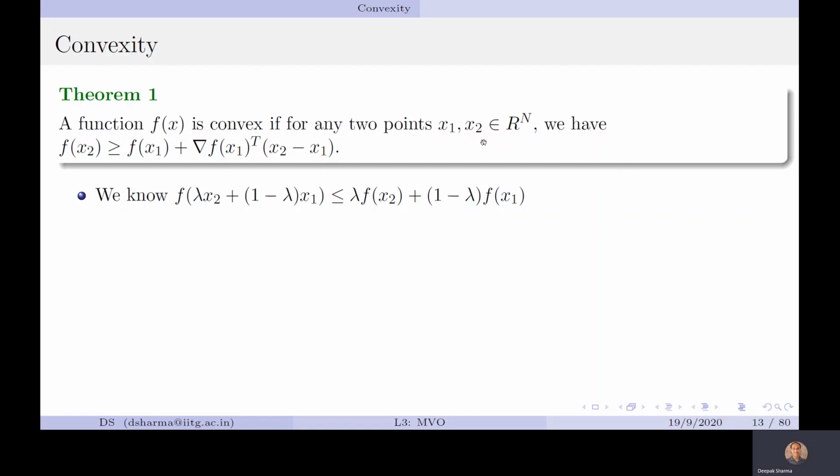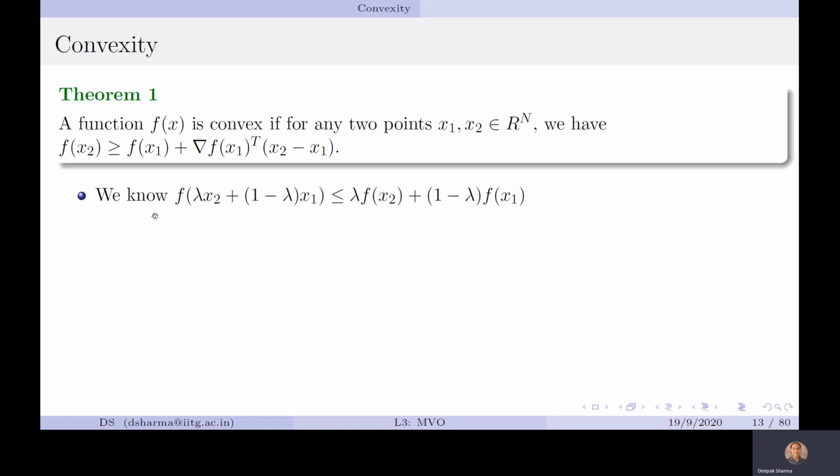We have a relationship that the function value at x2 is greater than or equal to the function value at x1 plus gradient of the function at x1 transpose times (x2 minus x1). Now let us prove this.